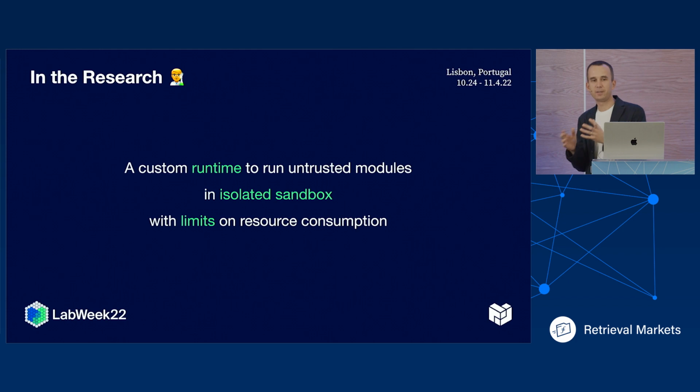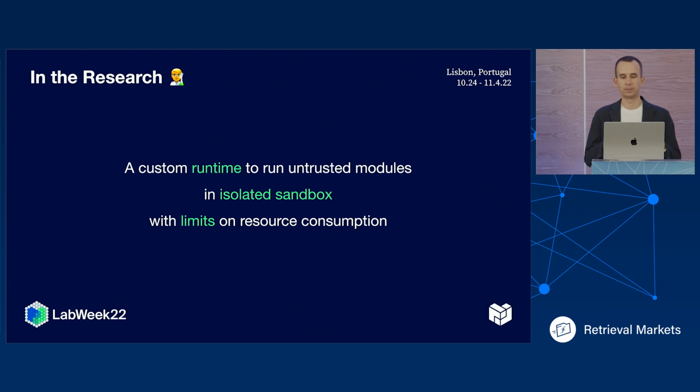The next big task in front of us, besides going public, is to find a way to handle the sandboxing and resource limiting, which I mentioned at the beginning of my talk. So we would like to build a custom runtime, maybe similar to FVM, maybe closer to IPVM, which will allow module authors to run their code in an isolated environment, so we don't need to trust them to behave well.